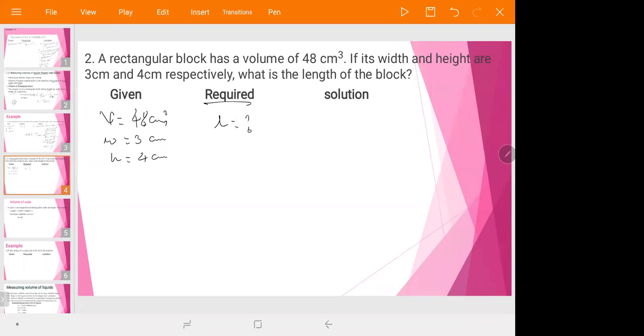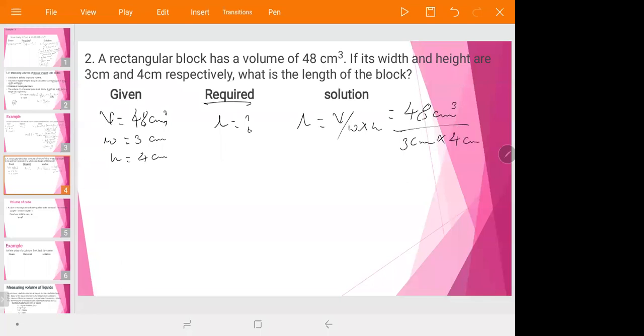Length. As the previous one, length is equal to volume divided by width times height. When we insert, instead of volume, 48 centimeter cube divided by 3 centimeter times 4 centimeter.